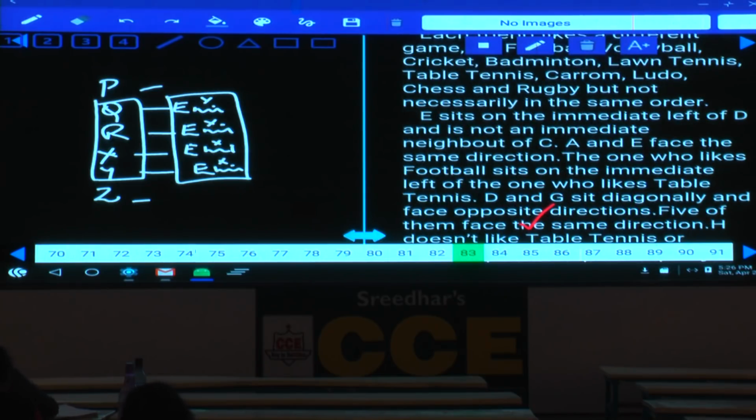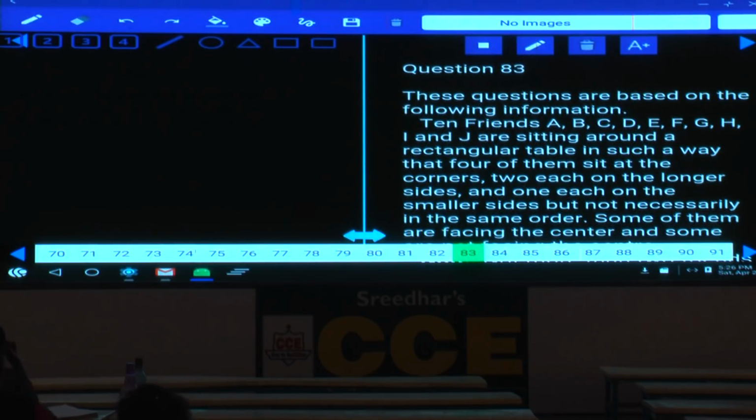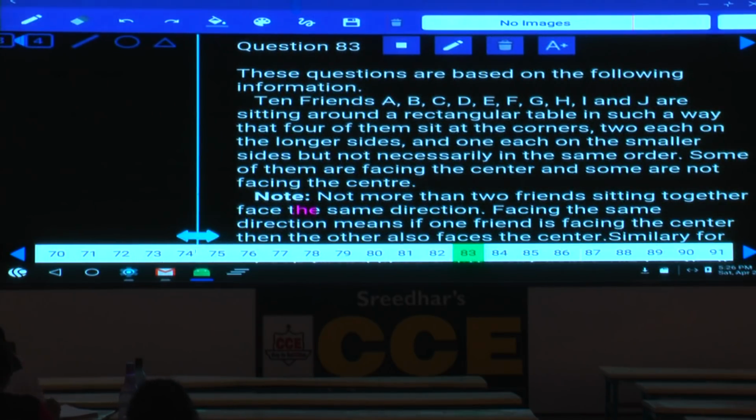Now in this 83 to 87, it's again based on what? It's a puzzle based on 10 friends. A, B, C, D, E, F, G, H, I, J are seated around a rectangular table in such a way that 4 of them sit at the corners and 2 each on the longer sides and 1 each on the smaller sides. But not necessarily in the same order.